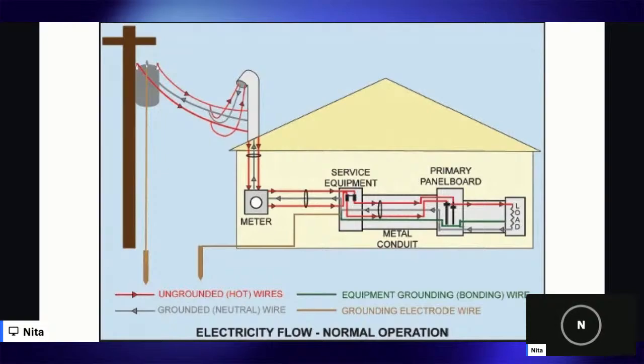So now in the case of that fault, we've brought that fault current back to the panel where it can safely go back to the source and not electrocute you if you touch it, not cause a fire to another piece of metal or whatever the case may be. It has a safe, uninterrupted path back to the source or back to the ground. Our breaker would trip, killing the current or the flow of electricity, and we would be safe. Does that make sense?